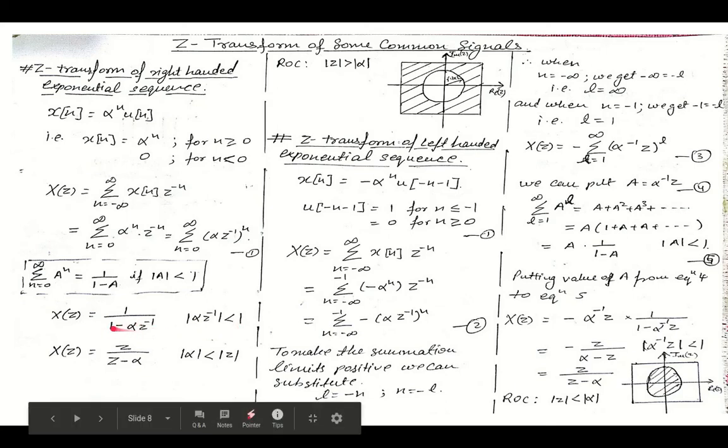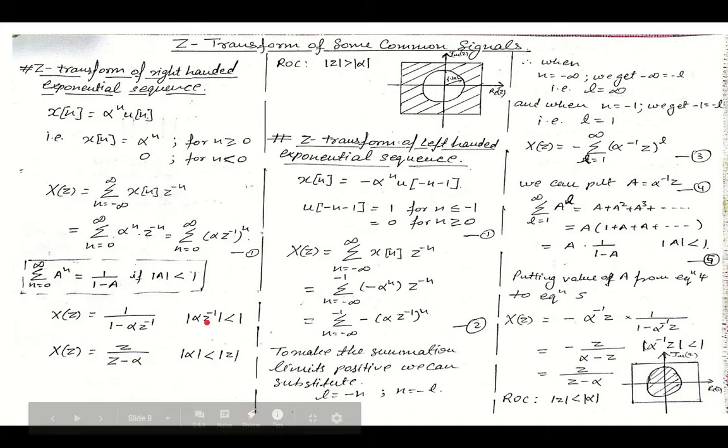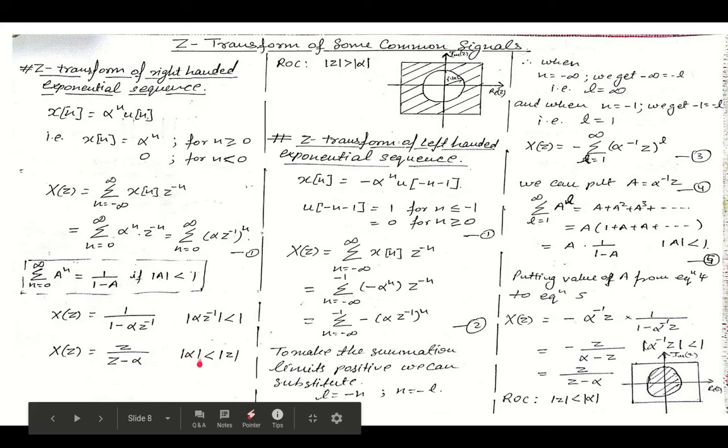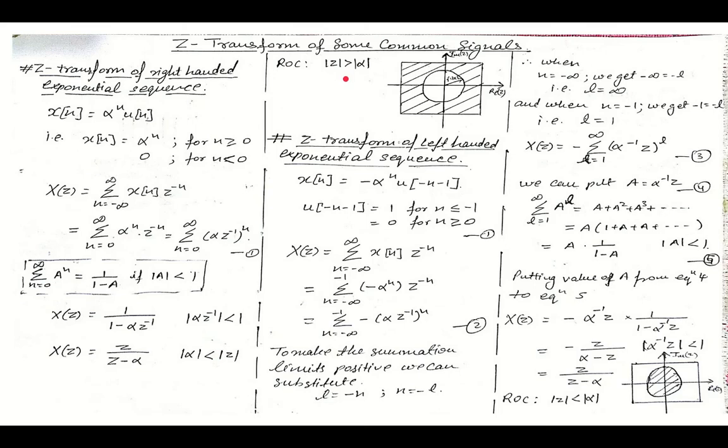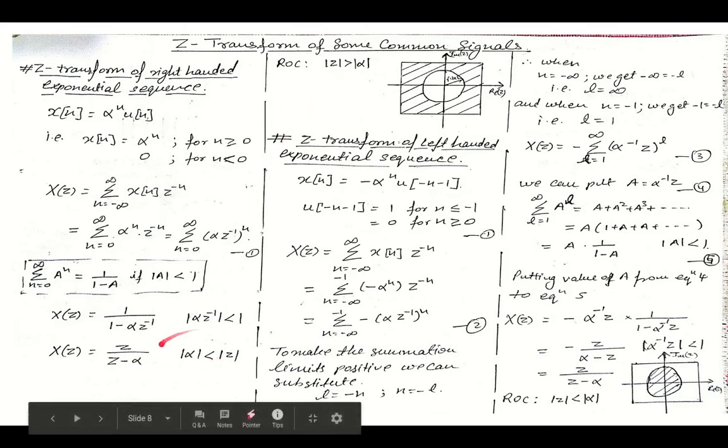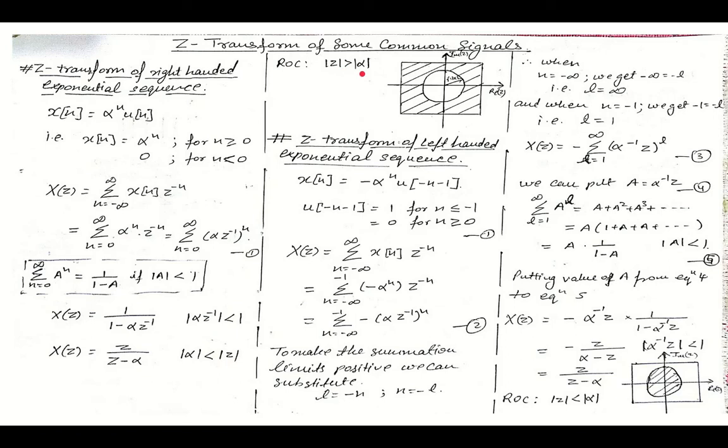So if I take the LCM over here, it will give me z upon z minus alpha, and similarly if I put 1 upon z over here, it will give me mod alpha should be less than mod z, or we can say that this tells us about the ROC, that my mod z should be greater than mod alpha.